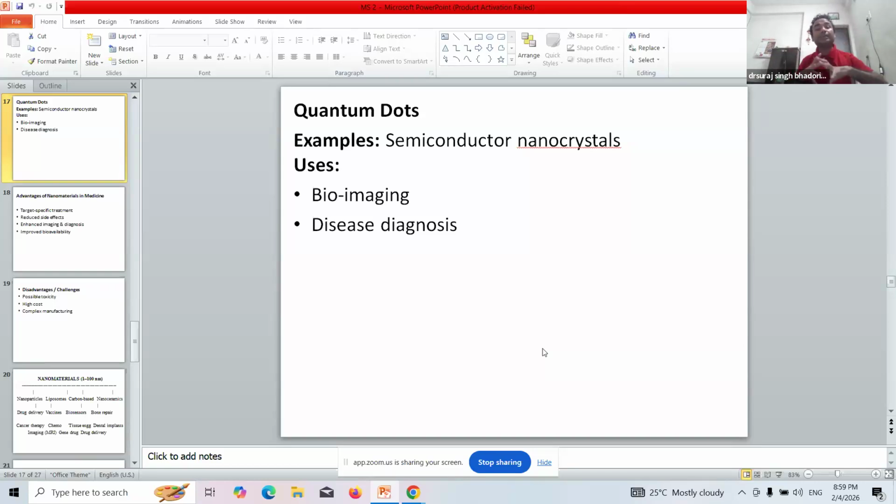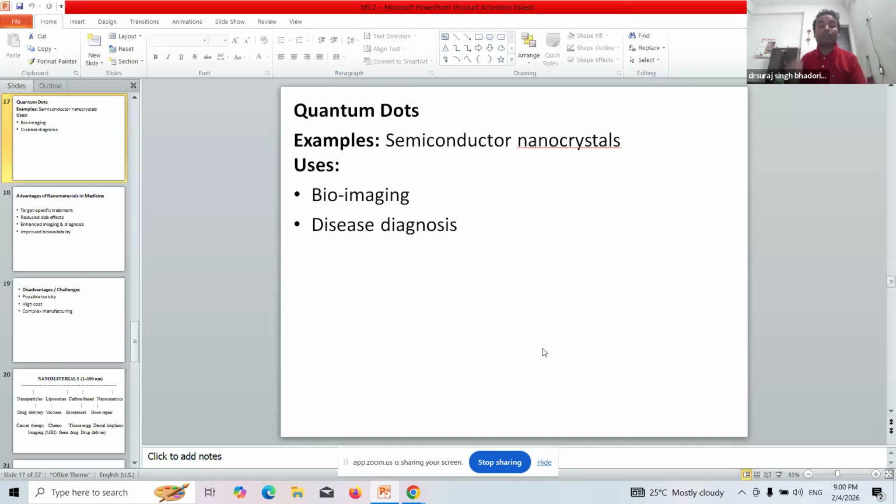These are generally the semiconductor nanocrystalline materials. So these are used for the biofilms. For any type of film and for any type of fingerprinting, we use this quantum dots. Suppose we talk about MRI bioscanning, CT scan bioscanning. For this, there are certain nanomaterials which are going to reflect their imaging on the three-dimensional view.